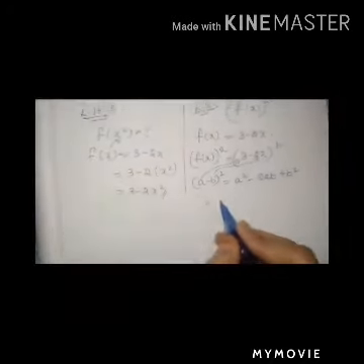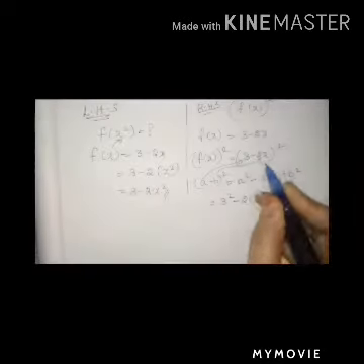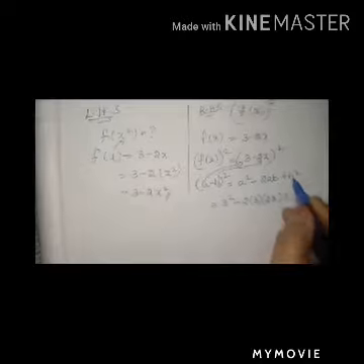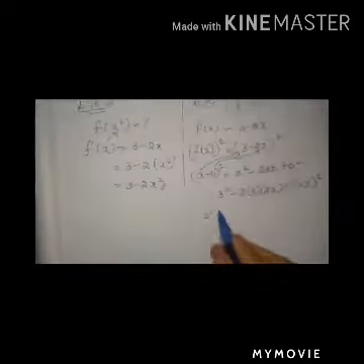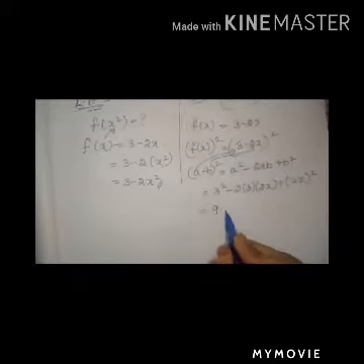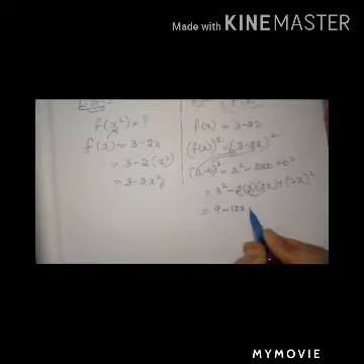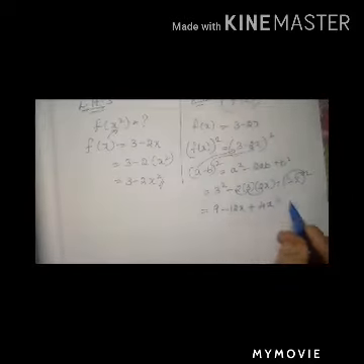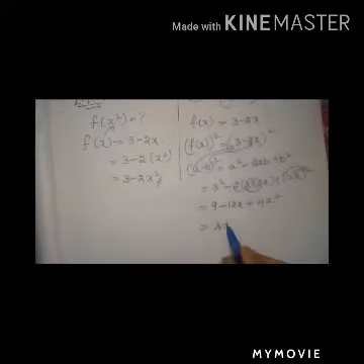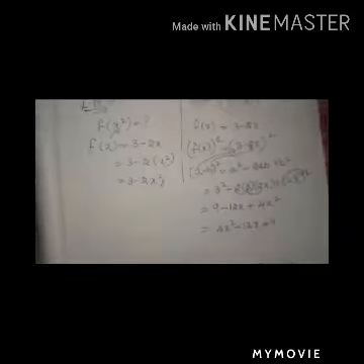Substitute here: 3 square minus 2 into 3 into 2x plus 2x the whole square, which is 9 minus 12x plus 4x square. Write it in ordinary format as a proper equation: 4x square minus 12x plus 9.